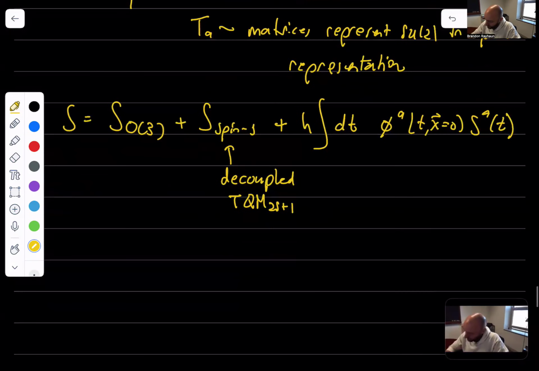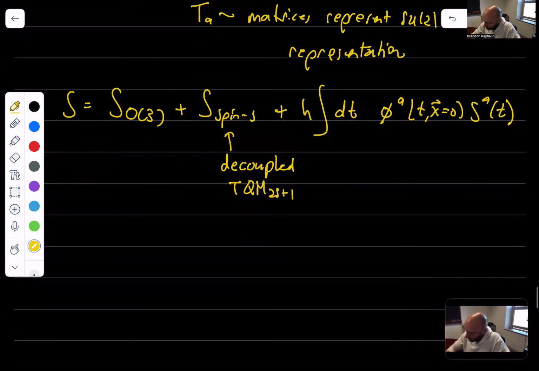Like this. So here, these are the local operators in the decoupled topological quantum mechanics that implement the SO3 symmetry. Okay.